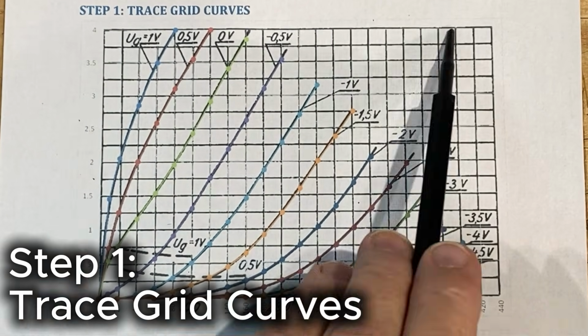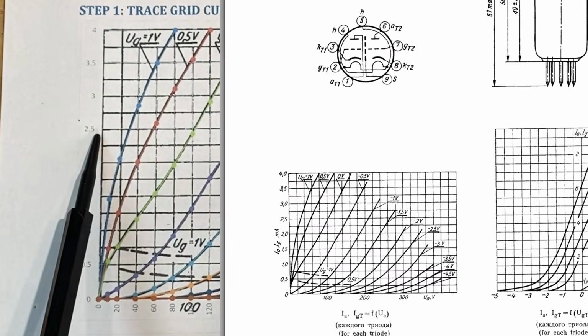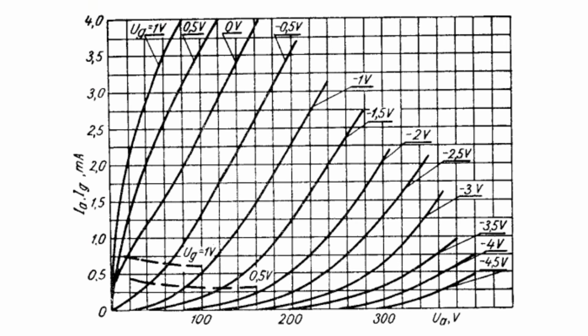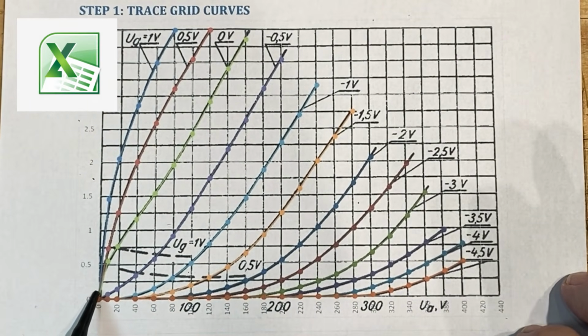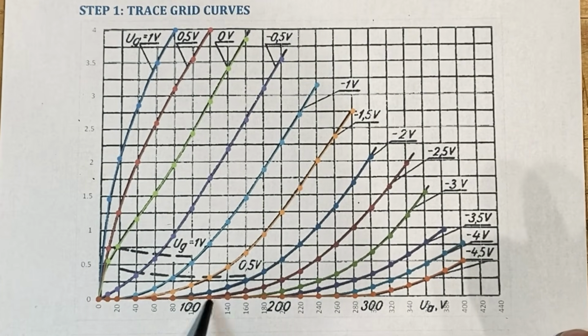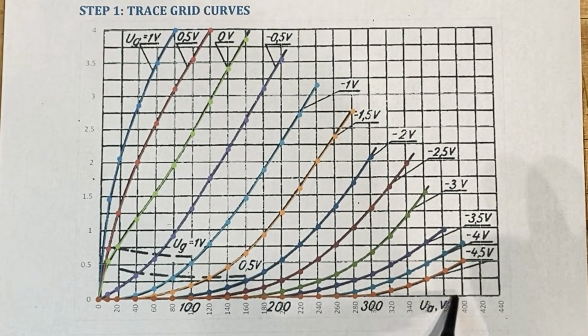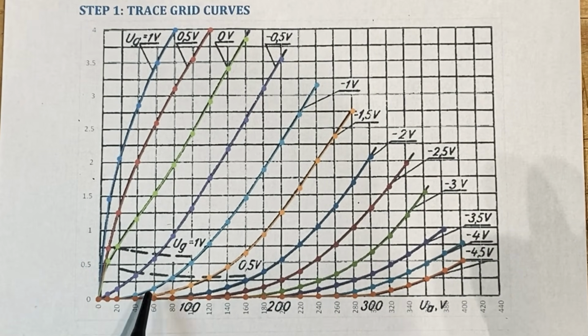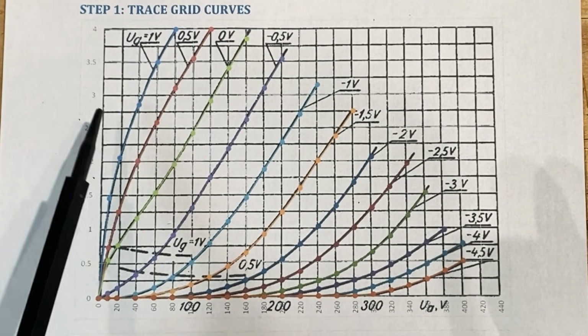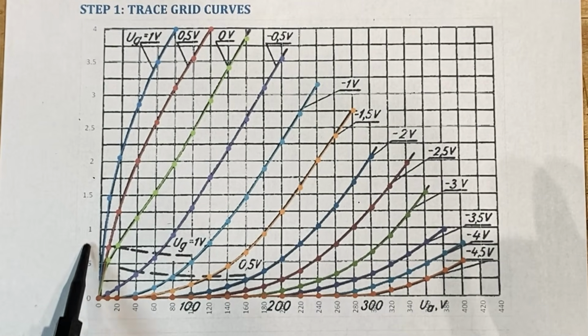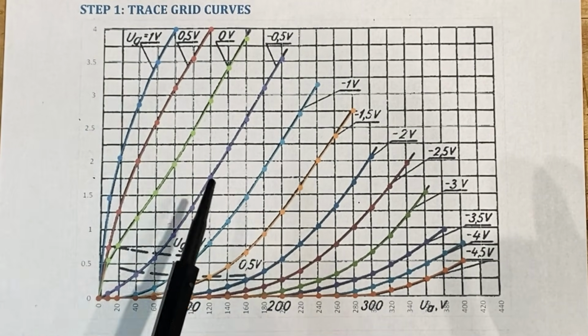I took an image of the grid curves from the data sheet, and I overlaid on top of that a plot in Excel, making sure that the origin was lined up as well as the extent of the horizontal axis for the plate voltage, going from 0 and stepping up to 440 volts, and the vertical axis for the plate current ranging from 0 all the way up to 4 milliamps.